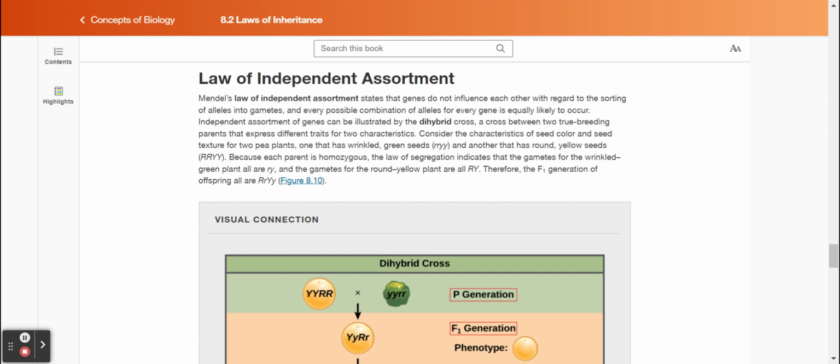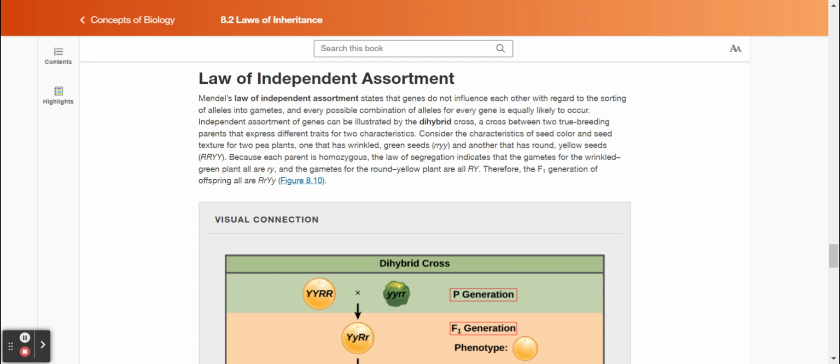Consider the characteristics of seed color and seed texture for two pea plants, one that has wrinkled green seeds, homozygous recessive for texture and color, and another that has round yellow seeds, homozygous dominant for color and texture.